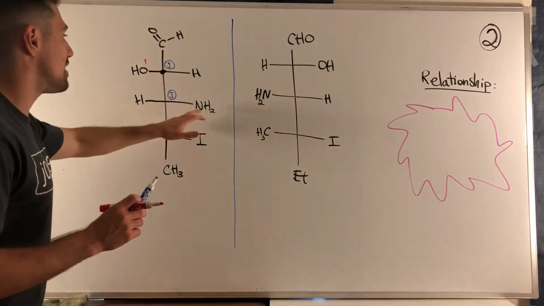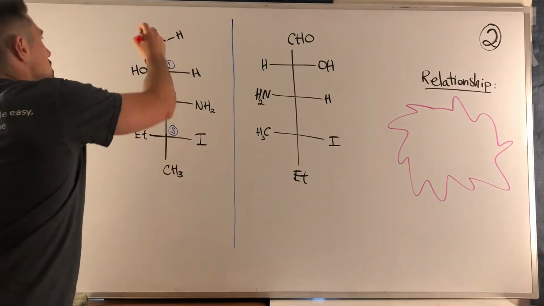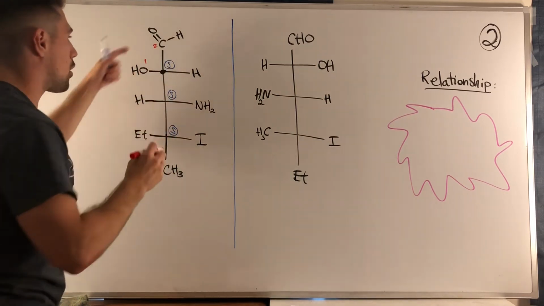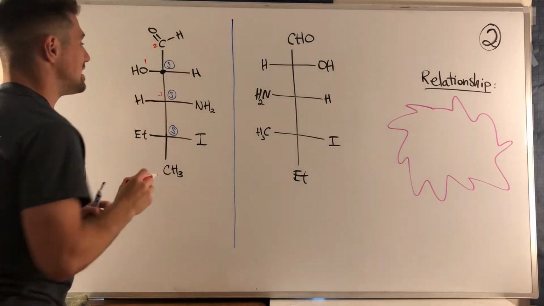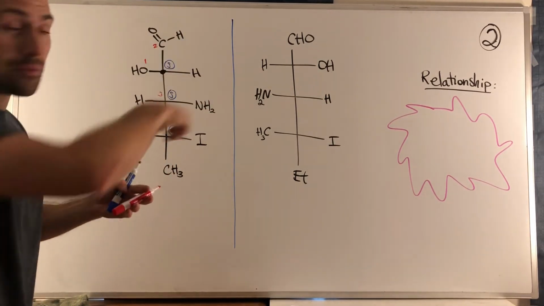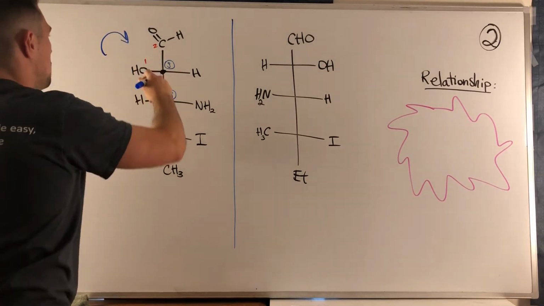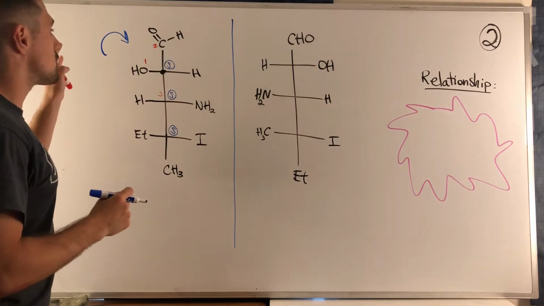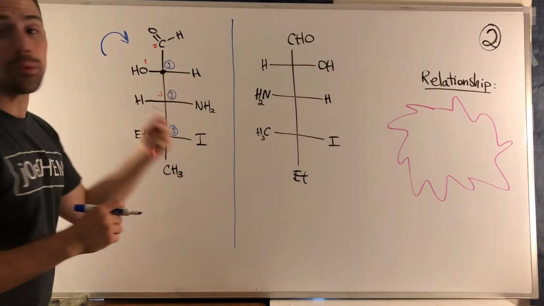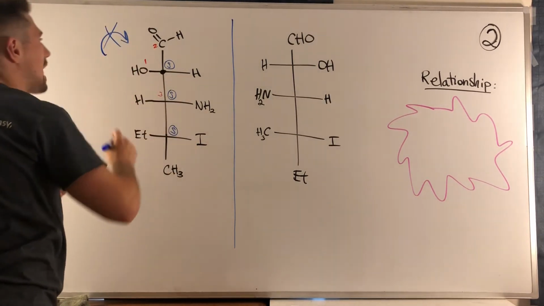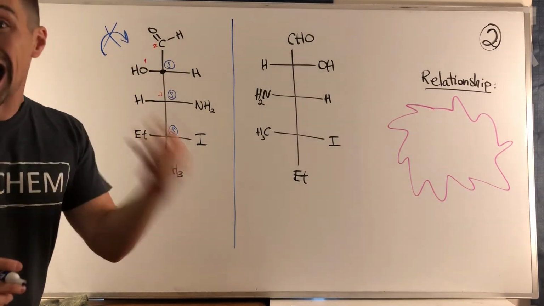Oxygen outweighs nitrogen and carbon, so this carbon is your second priority. Then your third priority is down there, going down, literally. So if we draw our wheel, it looks like we're going to the right. However, our lowest priority group is facing towards us. Nix that. So instead of R, that's how we get S.